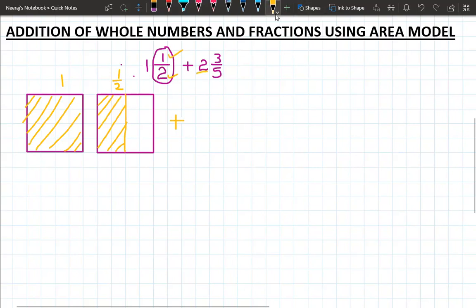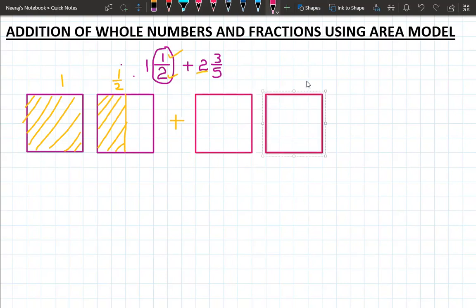So here I'm going to make 2 rectangular boxes, because there are 2 wholes. Then we have to shade these 2 wholes with the same color. So now here I've shaded these 2 wholes.